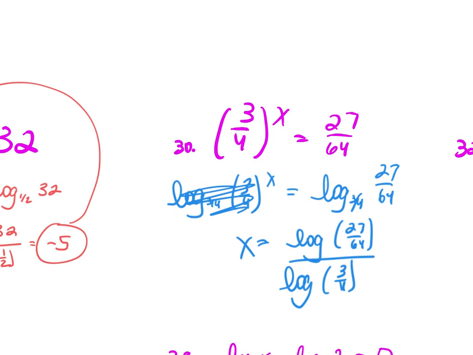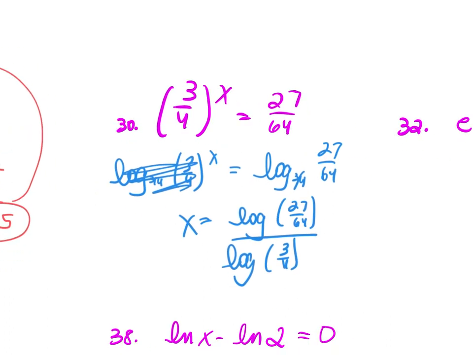So log 27 divided by 64, and then divided by log 3 divided by 4. And I got 3. X equals 3. So plug that in there. You're good to go. All right.